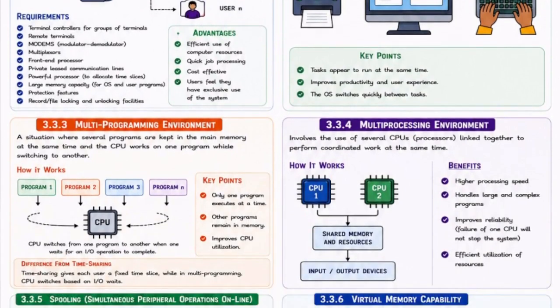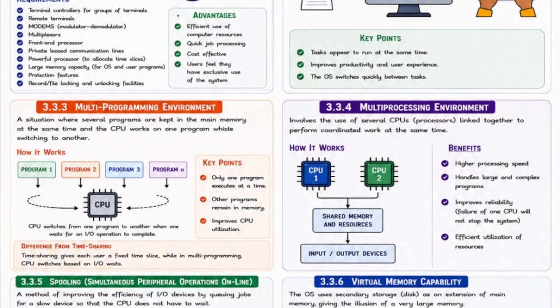Multi-programming environment. Now, multi-programming is different from multi-processing. Multi-programming is a situation where several programs are kept in the main memory at the same time and the CPU works on one program while switching to another.